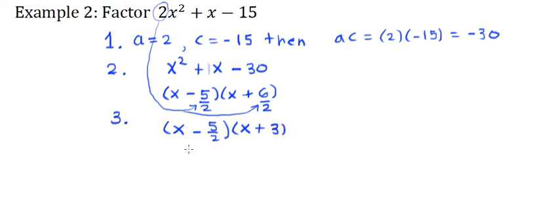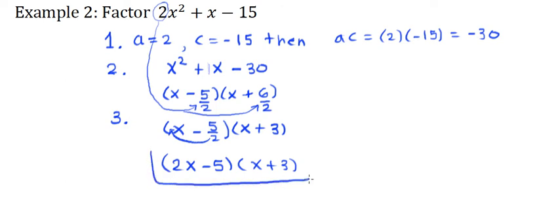So this is in simplified form. Now we notice that there is this denominator left. So simply put this number 2 up front. And there we have the answer, the factorization of 2x squared plus x minus 15.